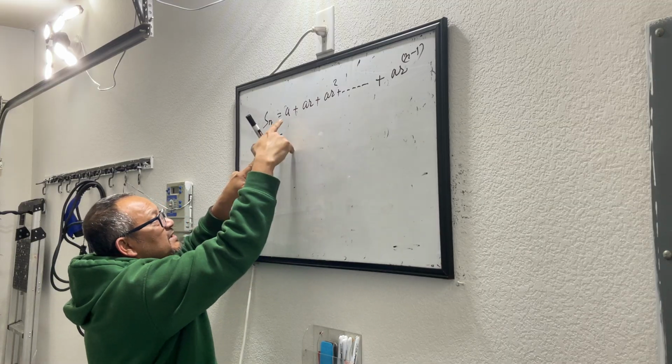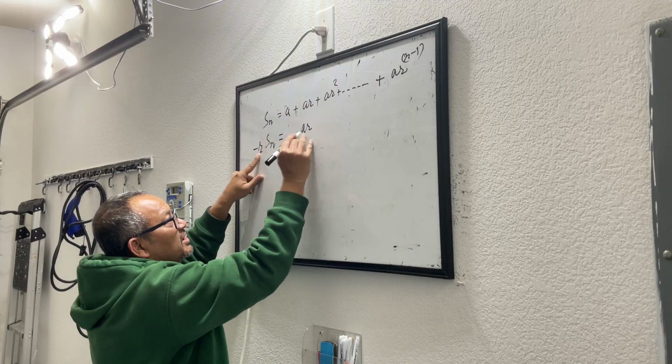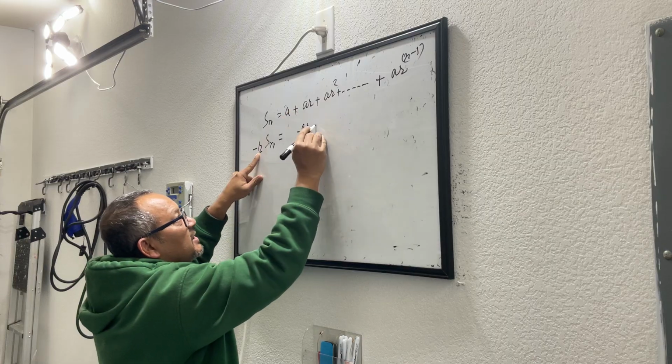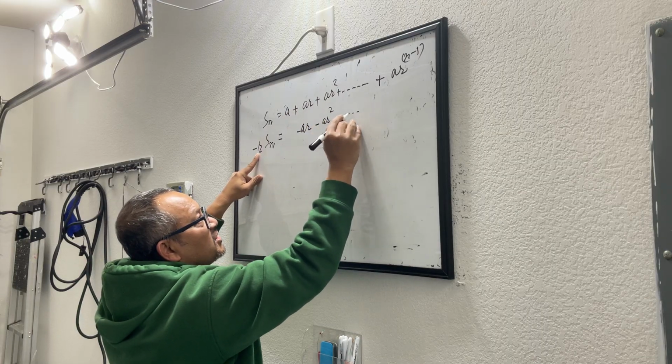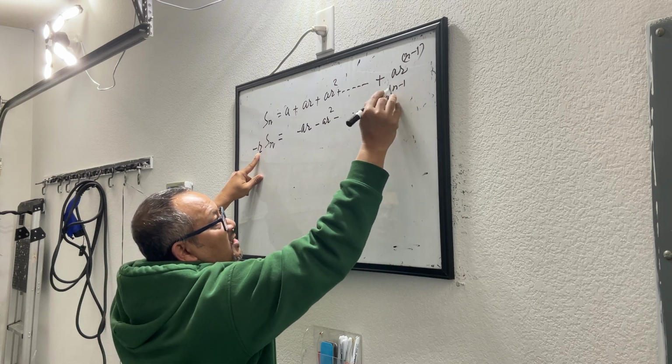So when I multiply this whole thing by minus r, it becomes minus ar, and I will put it here. When I multiply the second term with this, it becomes minus ar squared, minus ar cubed, and then minus ar to the power n minus 1.